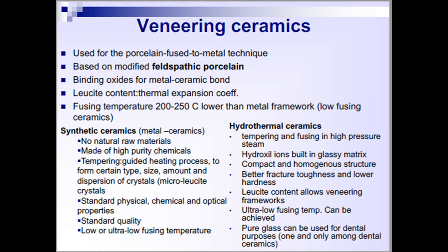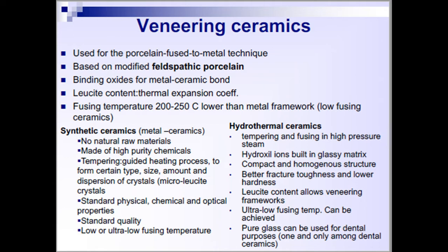A tooth-colored material is layered on top of the metal structure so that it matches the adjacent teeth. So these feldspathic porcelains are basically used as veneering ceramics on top of metal structures or on top of other ceramic materials.